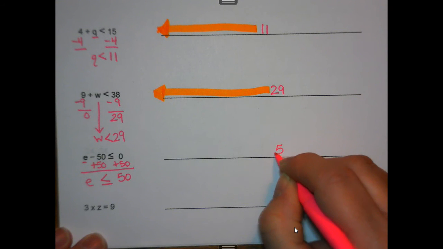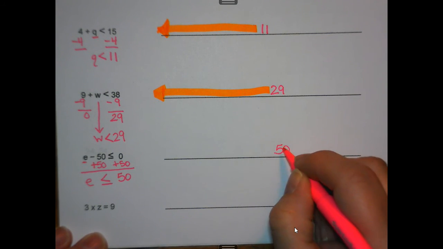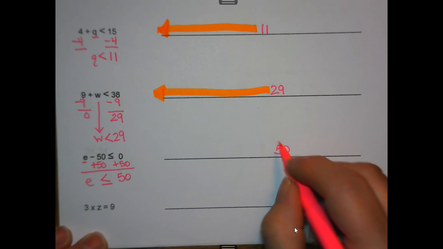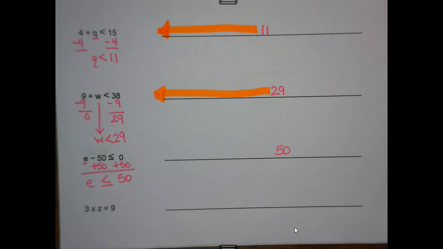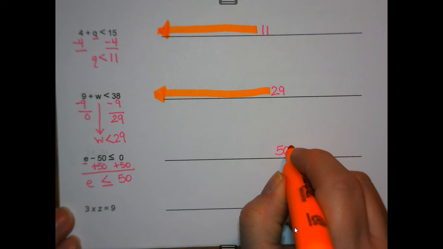We're going to just worry about the number 50 here. And because it is less than or equal to, we're going to need to highlight the 50 in addition to everything that is less than the 50.